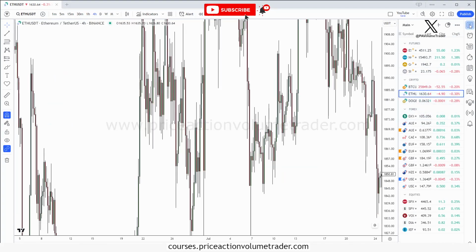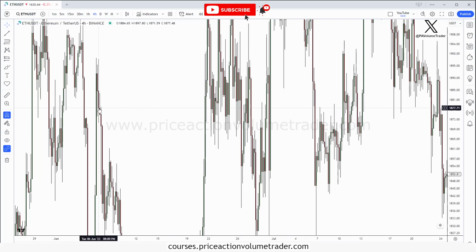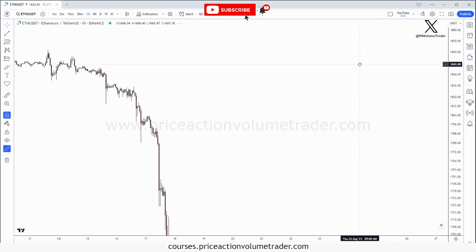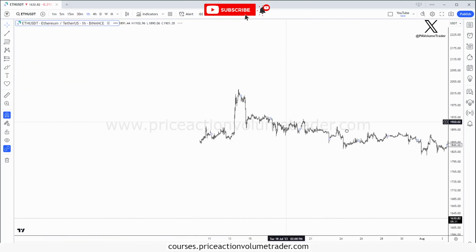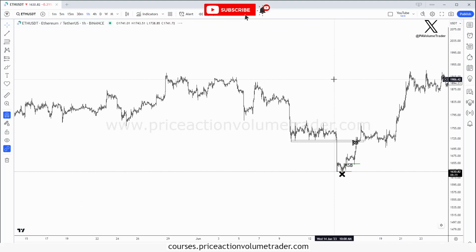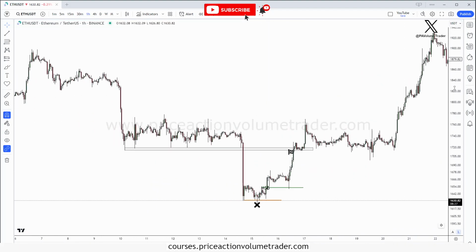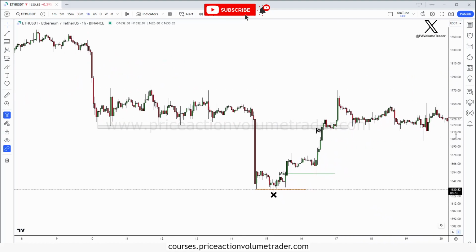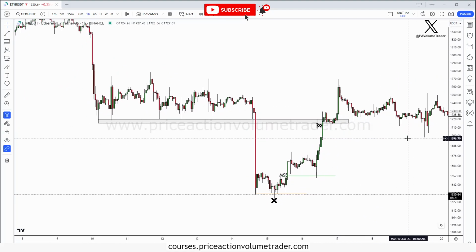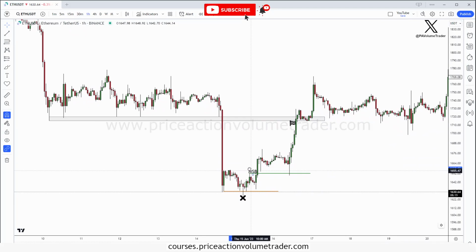Let's go now into crypto and look at an example on Ethereum US dollar on the 1 hour time frame. This is a long example, so in this case this is how we would identify a sweep of a low and how we identify a trend reversal.